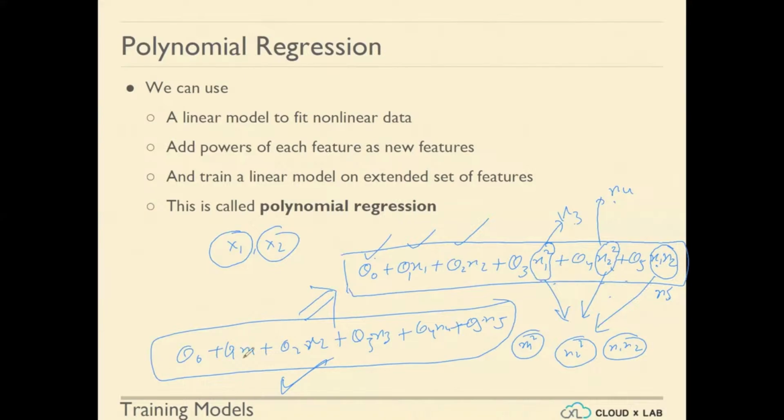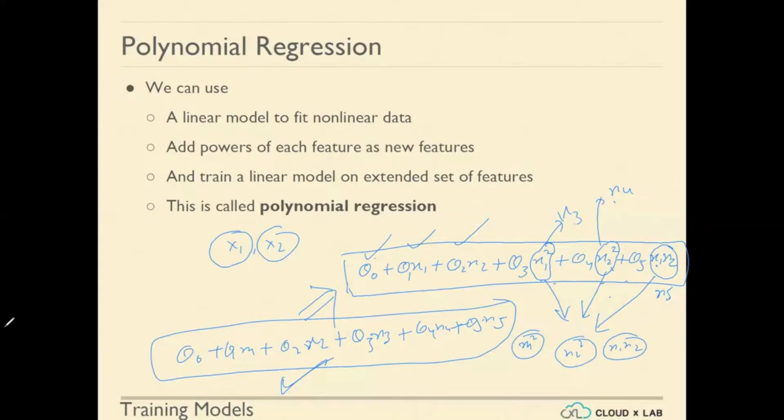So it seems you are learning a linear model, but indirectly you are learning a nonlinear model, because x3 is in fact x1 square, x4 is x2 square, and x5 is x1 x2. Any doubt here?